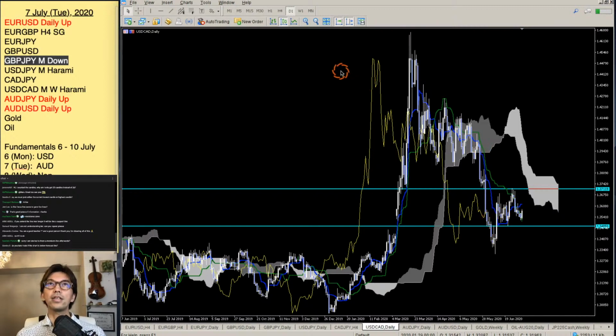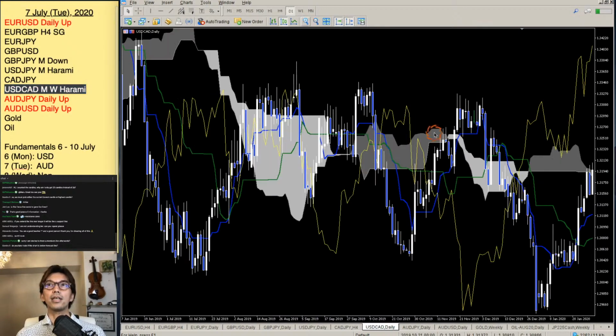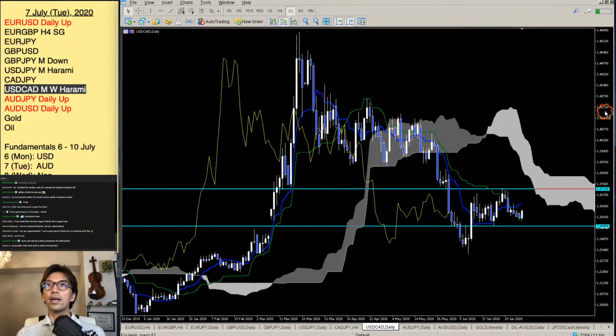So here there is another retracement happening in the market. This is the USDCAD daily chart, and after you see this pin bar right here, the price is retracing backwards now.